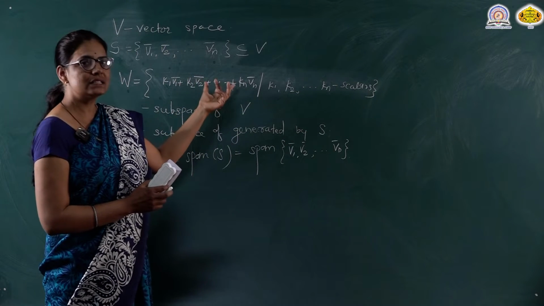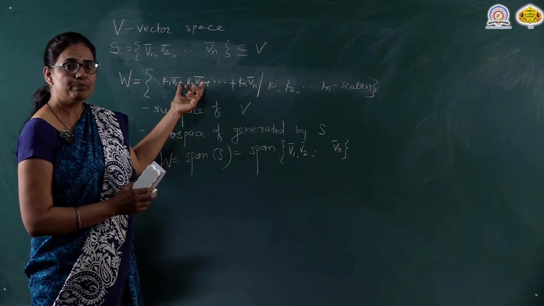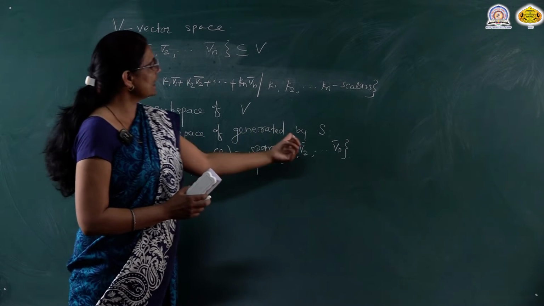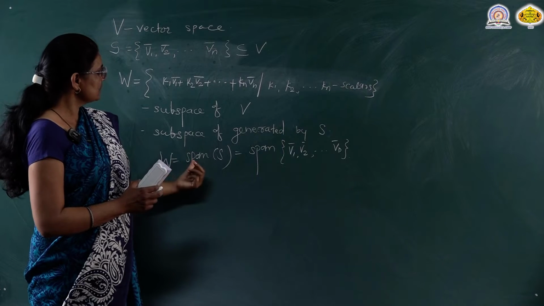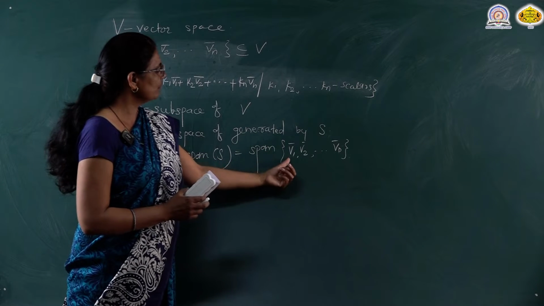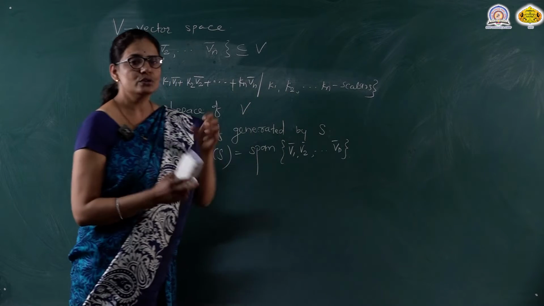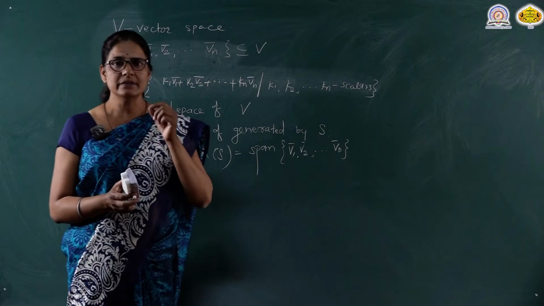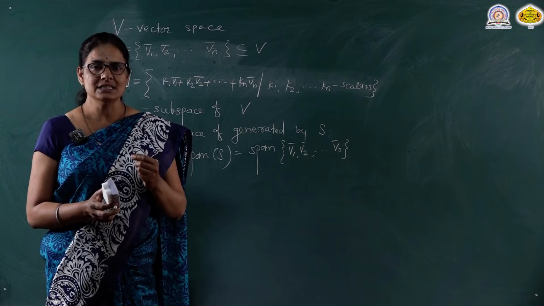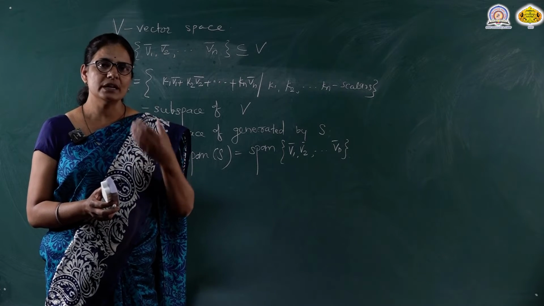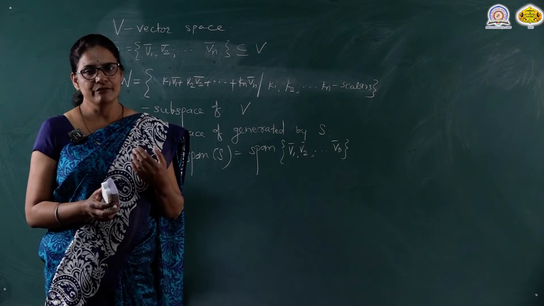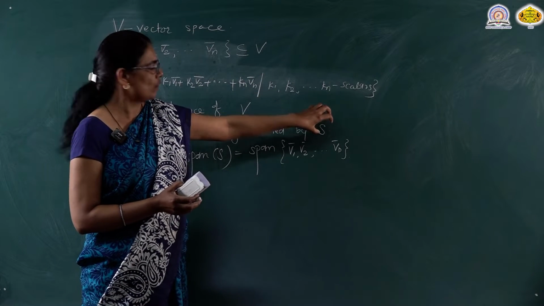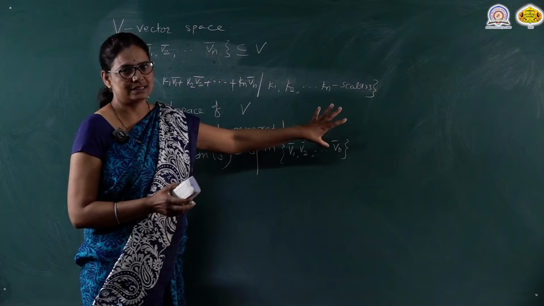As we know, it is a subspace of V, and this subspace is known as the subspace generated by S. It is denoted by span of S or span of V1, V2, Vn. So in short, W is the subspace generated by S means every element in W can be written as a linear combination of vectors in S.